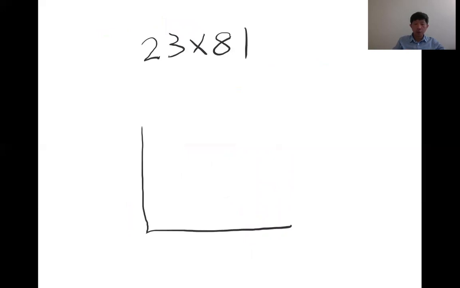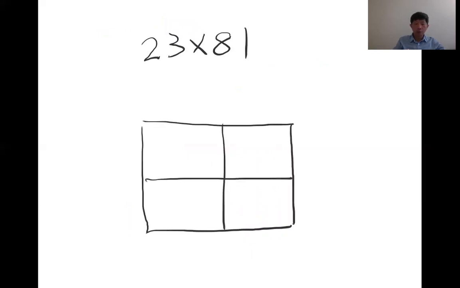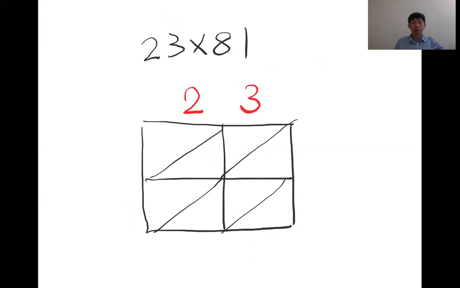Let's say we want to do 23 times 81 with the lattice method. So again, we put a table like this, all right? 23, so therefore, put the 2 and 3 right there. 81, put an 8 and 1 there, right?